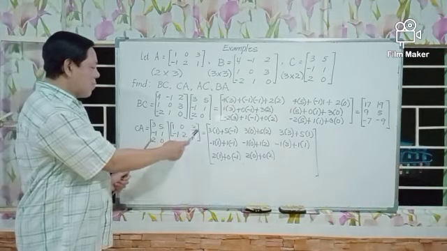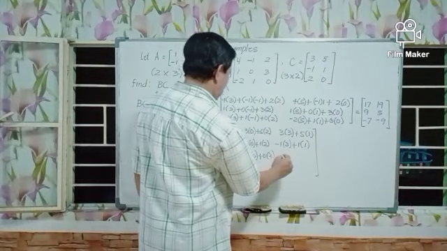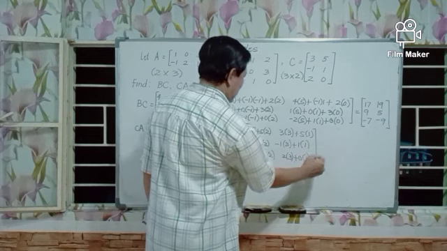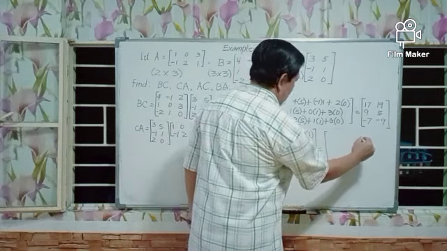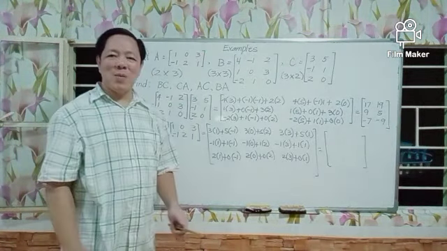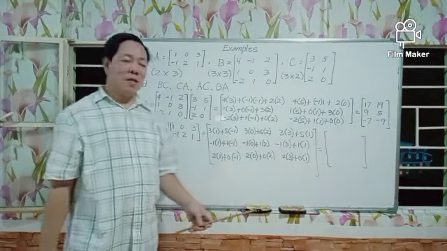We have 2 multiplied by 3 plus 0 multiplied by 1. We perform the operations multiplication and addition to simplify the entries.